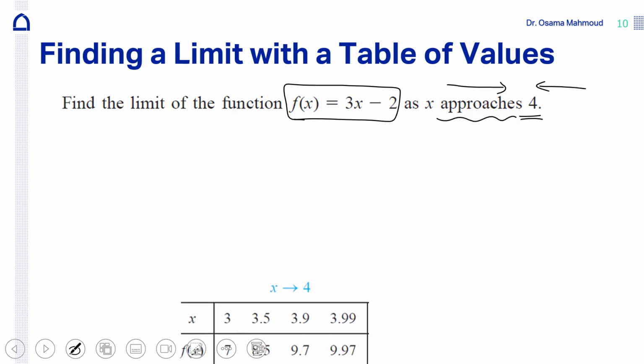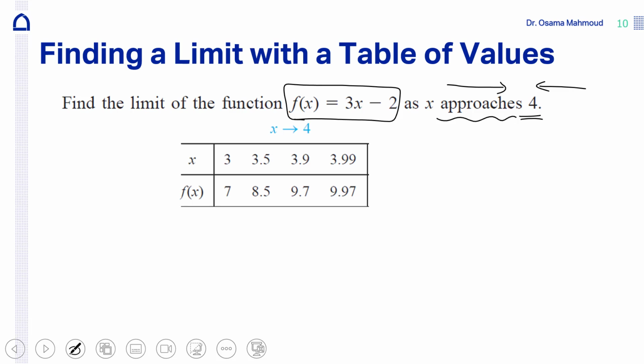So I get values to the left of 4, which are less than 4: 3.99, 3.9, 3.5, 3. I plug these numbers in to find the function values.